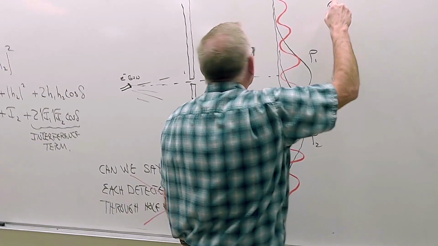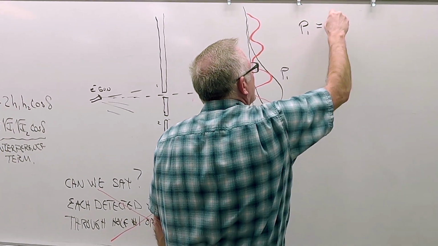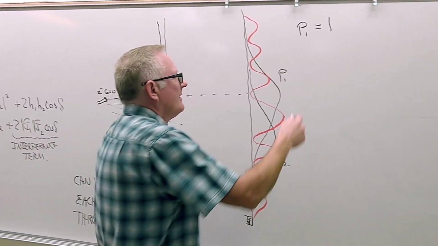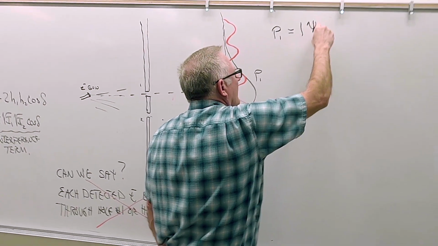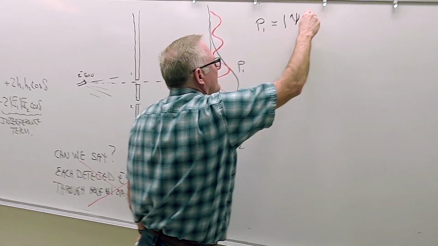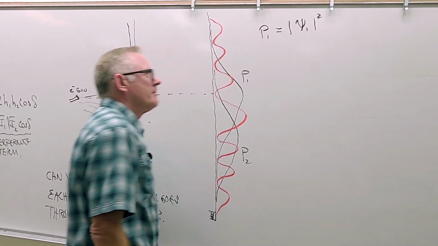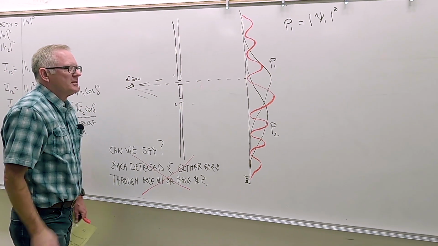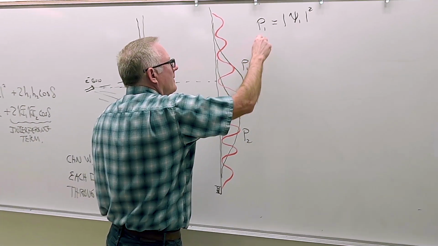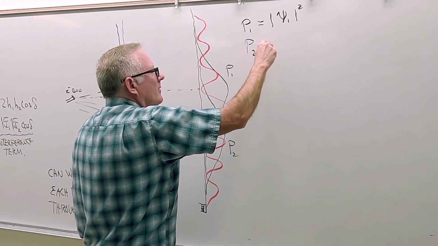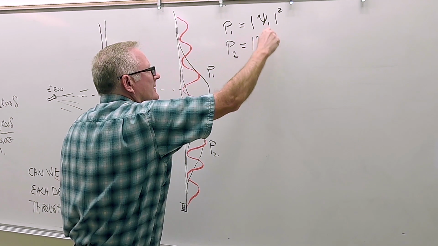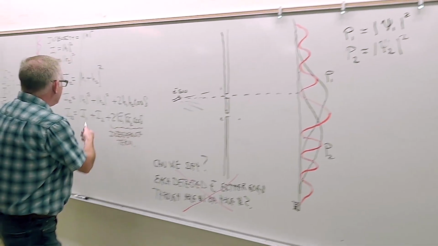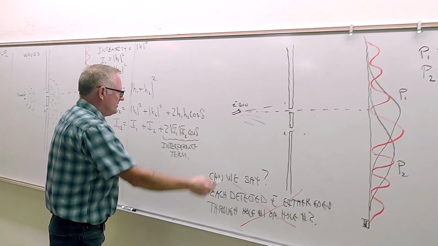P1, has got to be equal to some wave squared. Something that's waving. So I don't know what to call it, just psi right there, squared. So there's got to be some sort of wave right here, and so that'll just be my wave. And likewise, P2 would have to be just like before, and P12 is going to have to be just like this with an interference term right here.